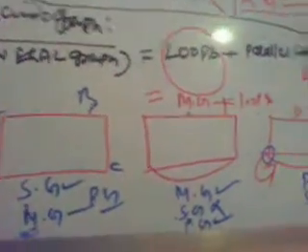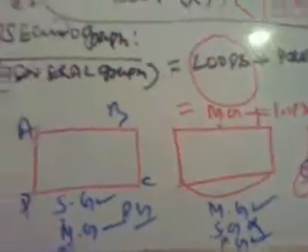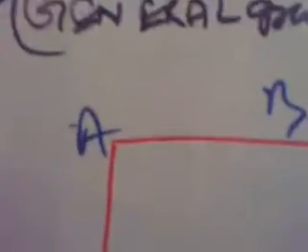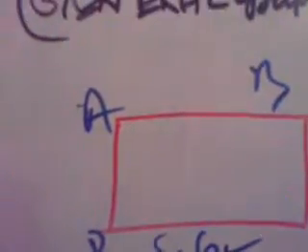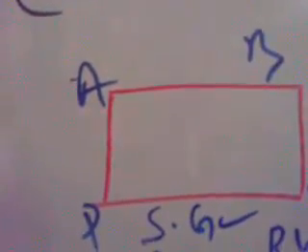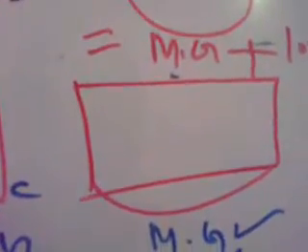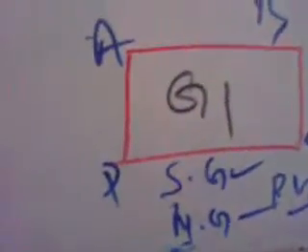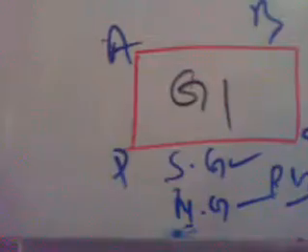Now I want to relate all three topics in a different way. Suppose this is the simple graph ABCD, and this is the multigraph. Call these graphs G1, G2 and G3.